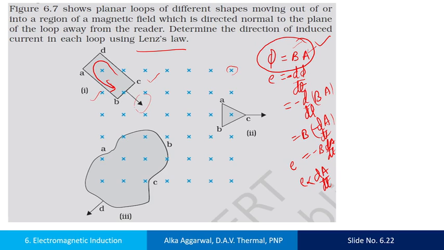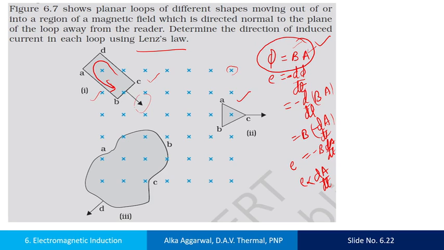Okay. Now the second case. In this case, the loop is going out of the magnetic field. It means the area of the loop in the magnetic field decreases. As the area decreases, the flux linked with the coil also decreases. So, due to the induced current, the flux linked with the coil increases.